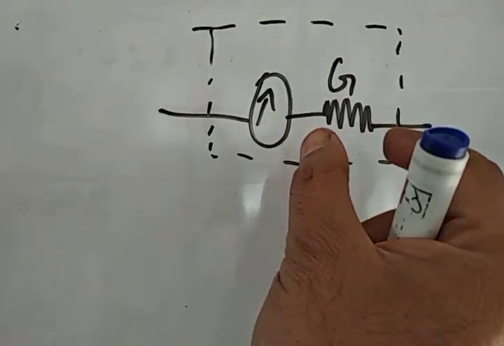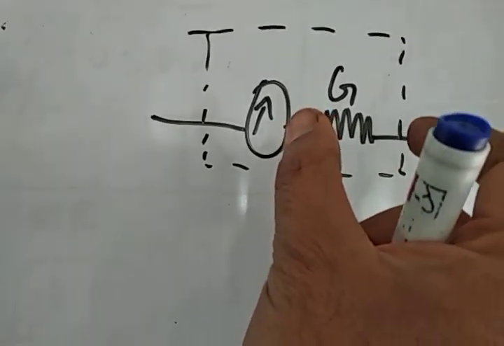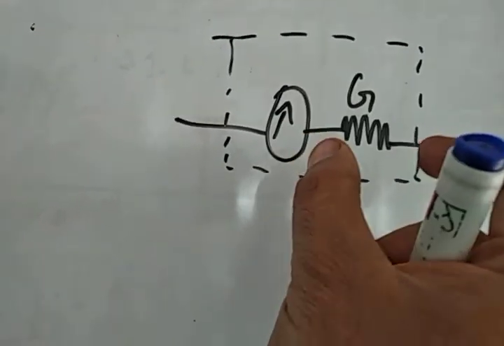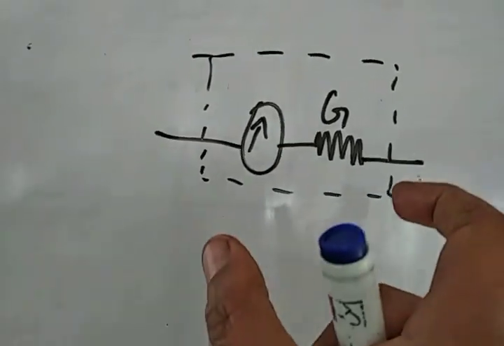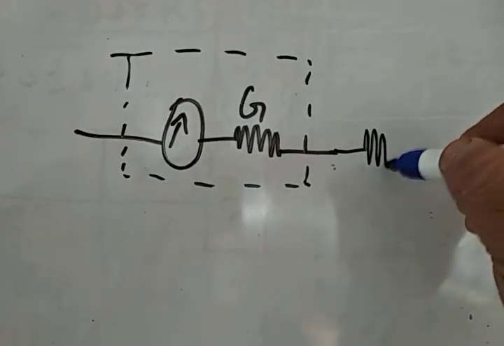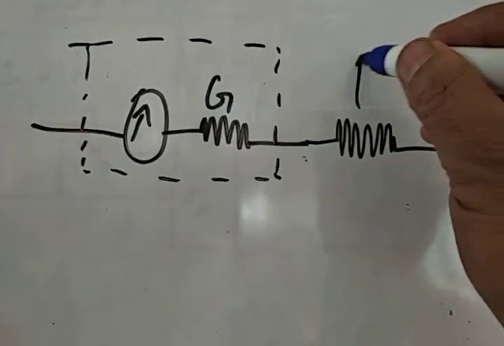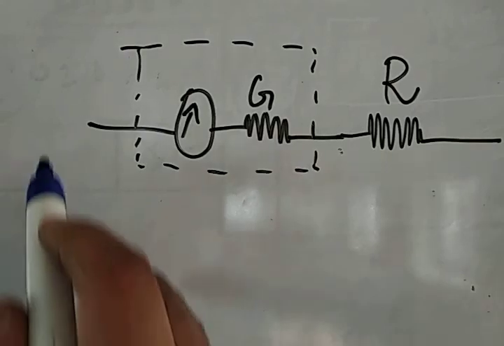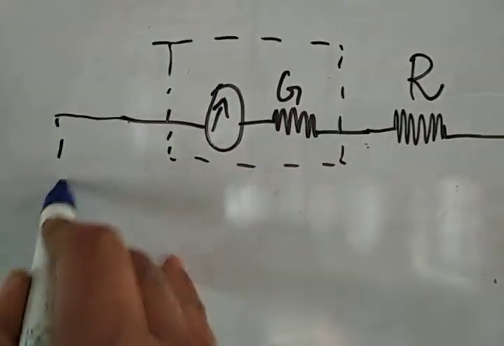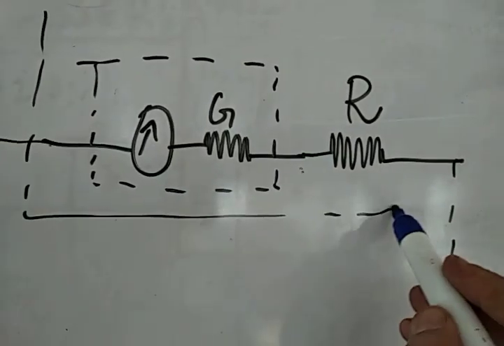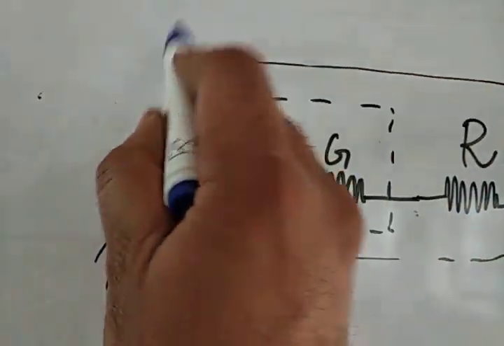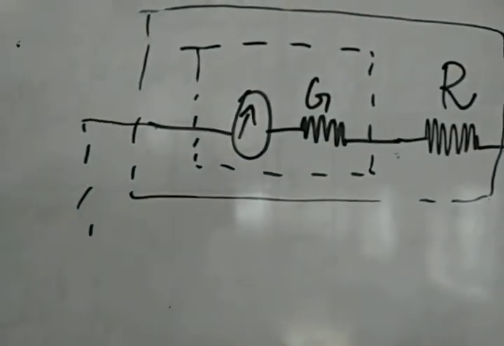The voltage drop across this at maximum is 41.6, or approximately 42 millivolts. But if we want to measure up to 1 volt, we need to attach a series resistance. Let us call that R. And this whole thing then becomes a voltmeter.